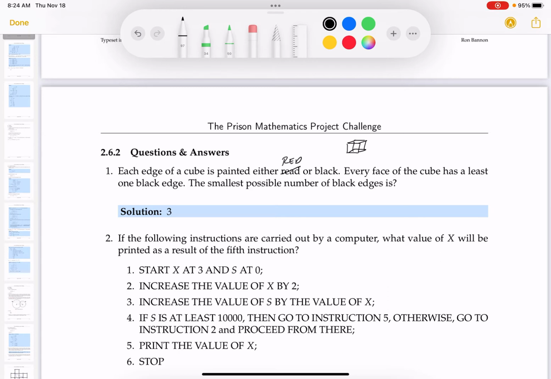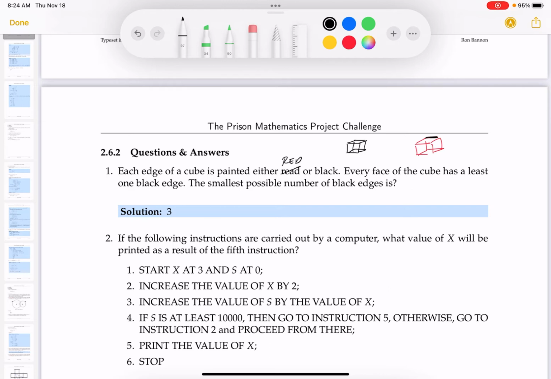All right, so you know what I'm going to do? I'm going to paint a red cube now, with all the edges red. Now what do they say? Again, reading it says, every face of the cube has at least one black edge. Well, I'm going to go back to black, and paint this one black here.